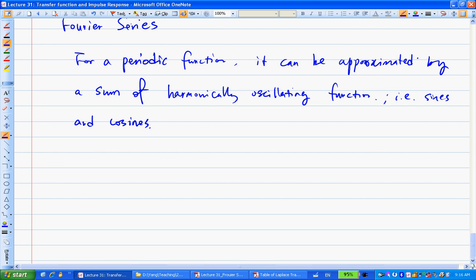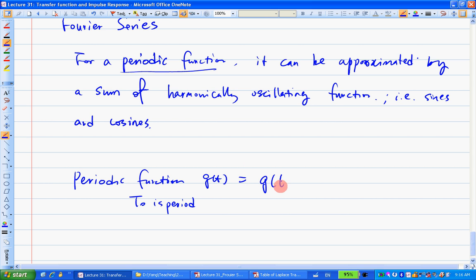We don't have much time, but first we talk about periodic functions. I think we need to understand what we mean by a periodic function. If I have a periodic function g of t, and the period is, let's say, t naught, then g of t equals g of t plus t naught.